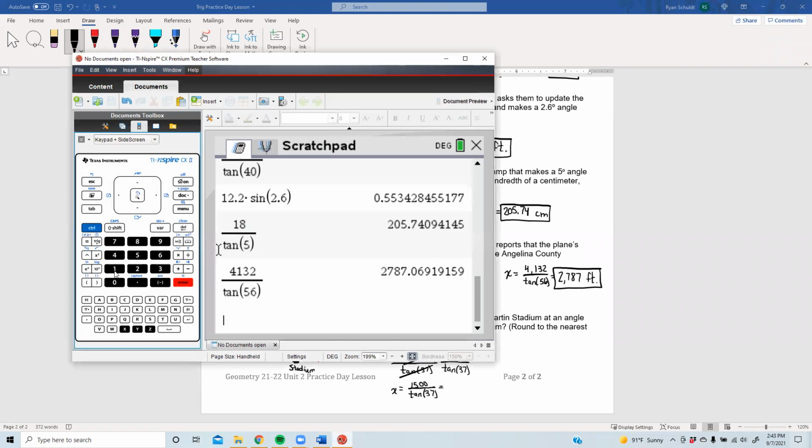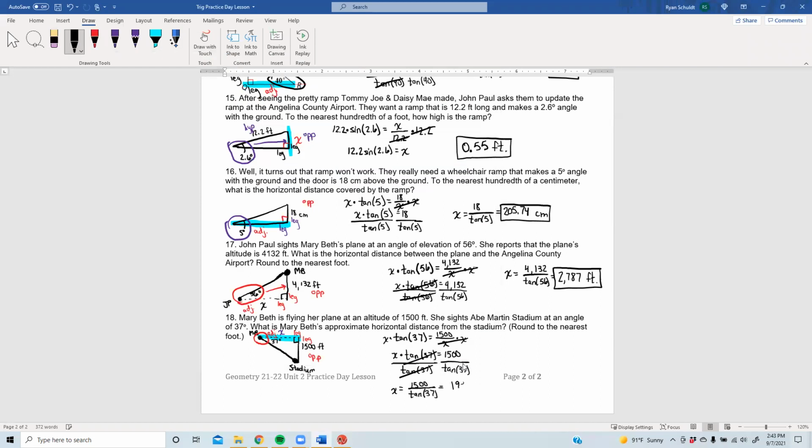So put that in the calculator. It's 1,991, because we got around to the nearest foot. So it's going to be 1,991 feet. That's how far she is horizontally from the stadium.